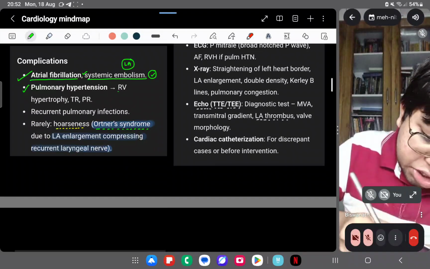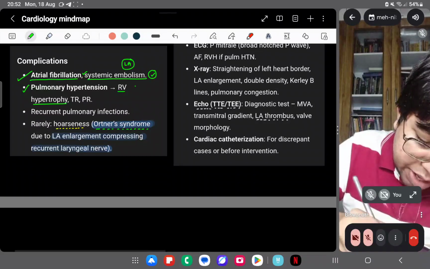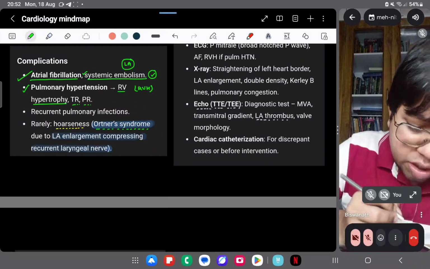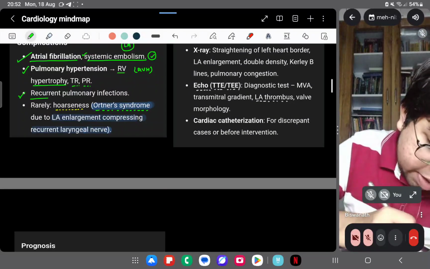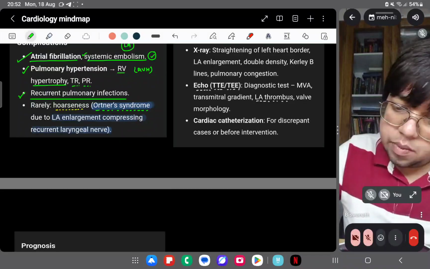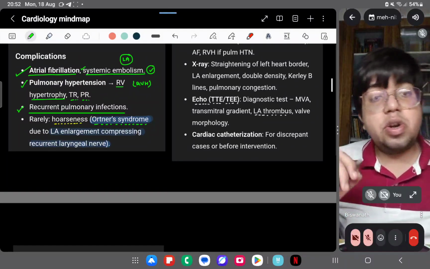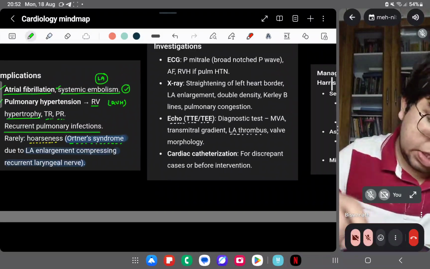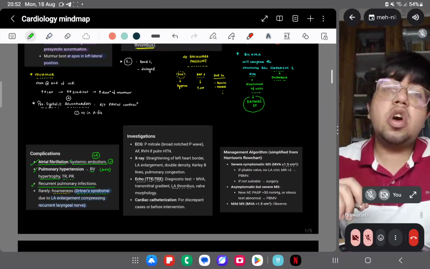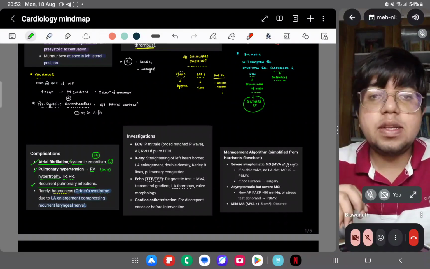Pulmonary hypertension, I told you. Right ventricular hypertrophy, RVH, we talked. Tricuspid regurgitation, we talked. Recurrent pulmonary infections due to the same condition, and hoarseness, we talked. So this many are the complications of mitral stenosis.